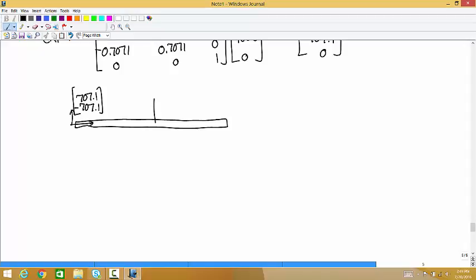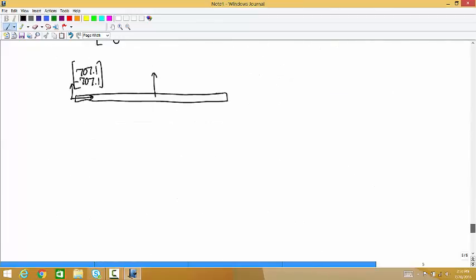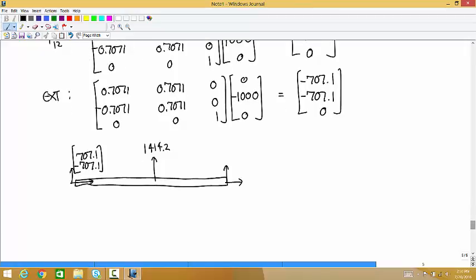In the middle, you just have an upward force of, no, 1414. And then on the right side, you have negative 707.1, negative 707.1, 0.